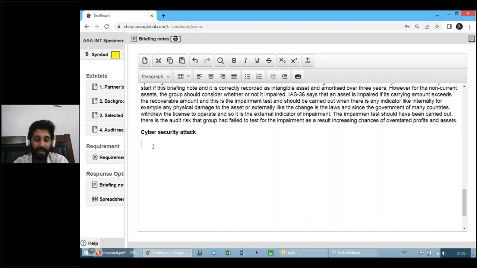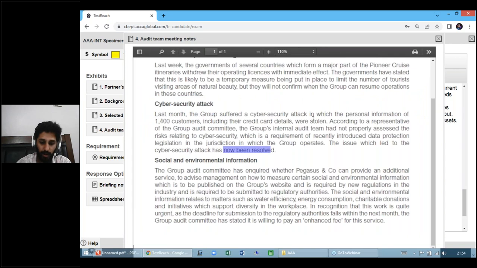Now, what is the matter and what is the issue here? The issue here is that the group suffered a cyber security attack.